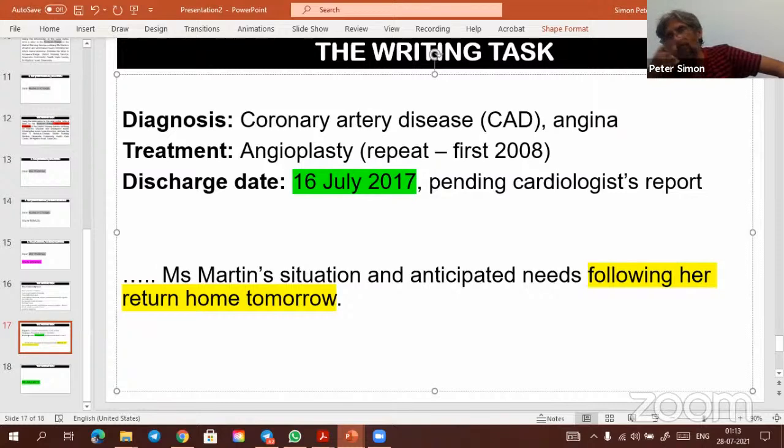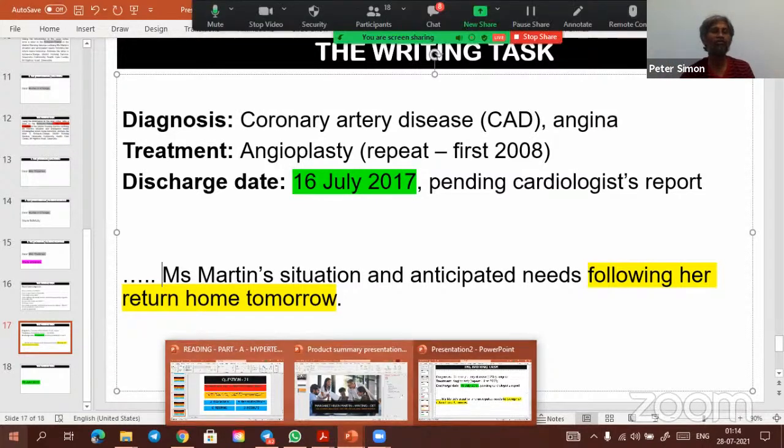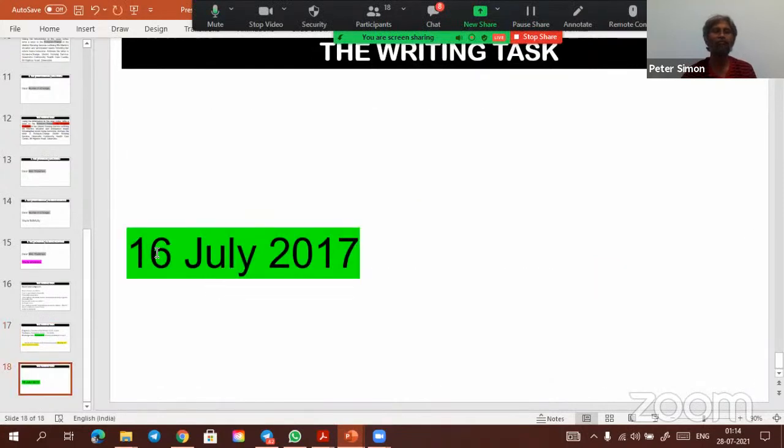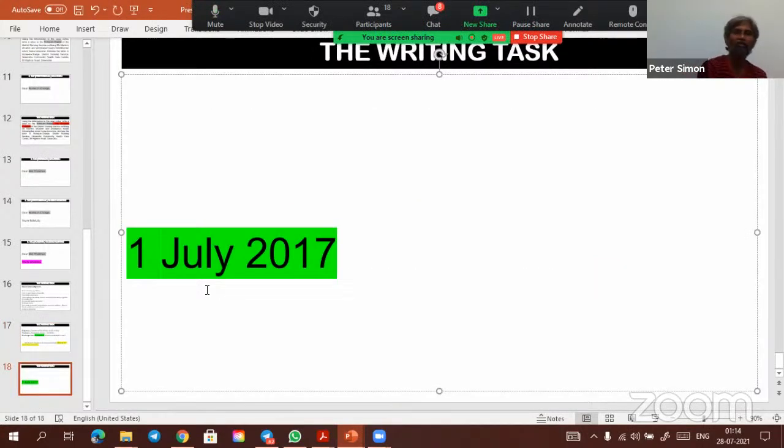Tomorrow is telling, that means you are writing today. Discharge tomorrow means writing today. So write today's date, not tomorrow's date. That is what it is. So it is 15 July 2017, not 16.